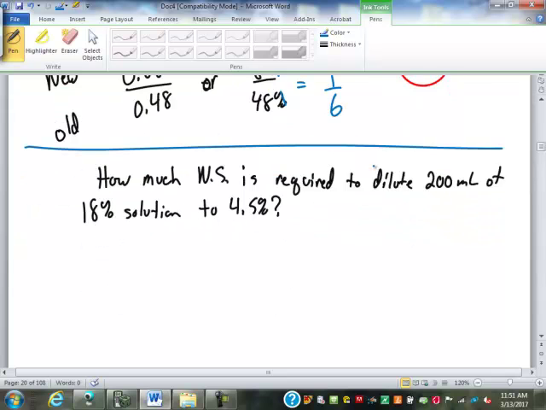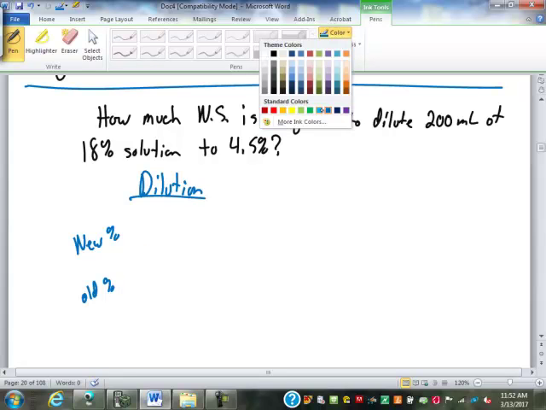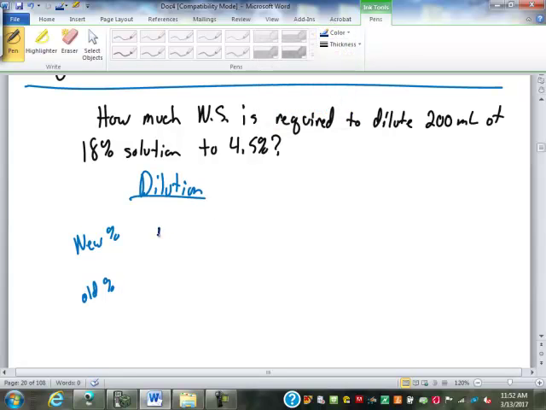So as we look at that, the first thing we want to figure out is what our dilution is. So our dilution is going to be, again, the new concentration, the smaller one, over the old one, the larger percent. So we've got 4.5 over 18%.